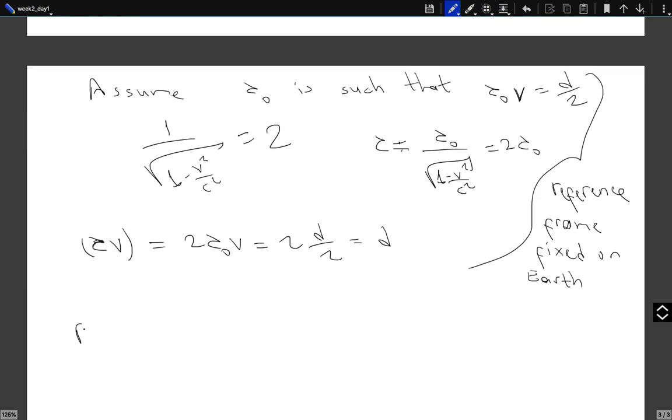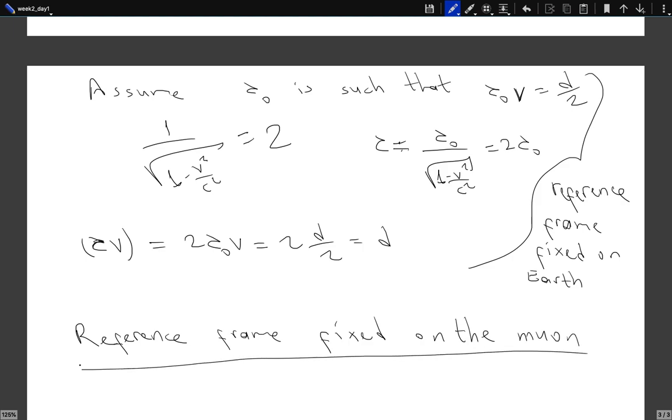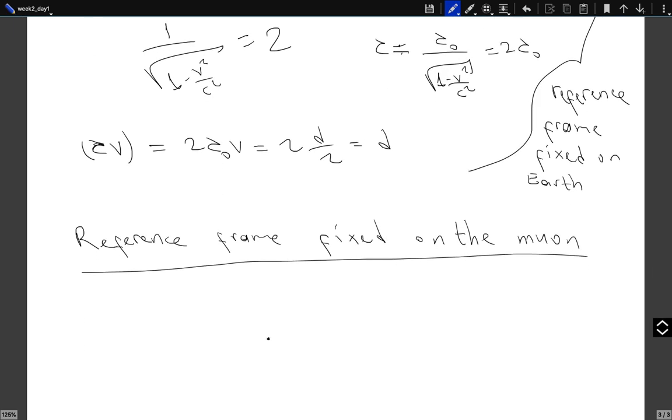Now let's look at the reference frame fixed on the muon. So in this reference frame, the muon is fixed over there. There is the Earth with its atmosphere.